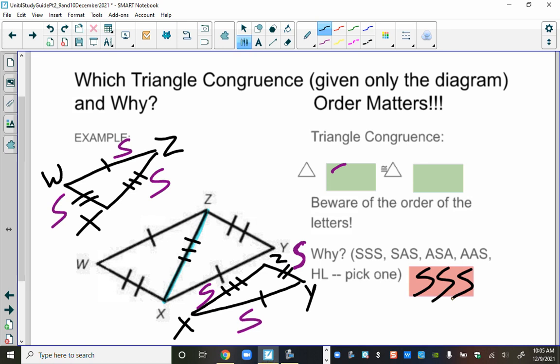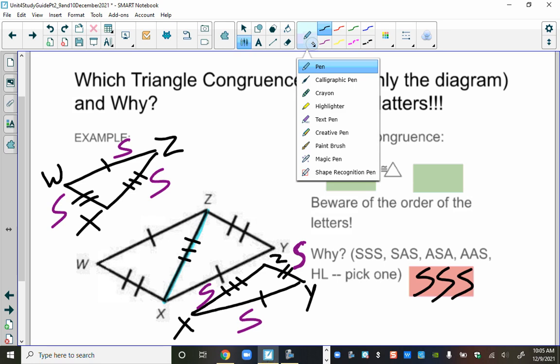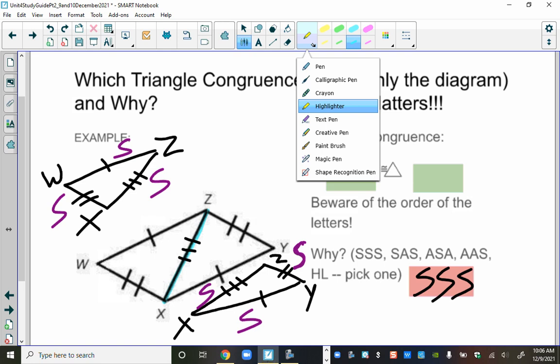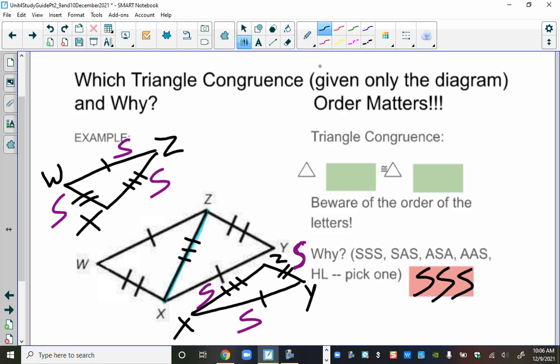Now, let's think about the triangle congruence. And again, your order's got to matter. Okay, so we're going to do Y, X, Z. We can do that for the first one. So you use this bottom triangle as the first one. That's fine. You can say Y, X, Z in the first one.